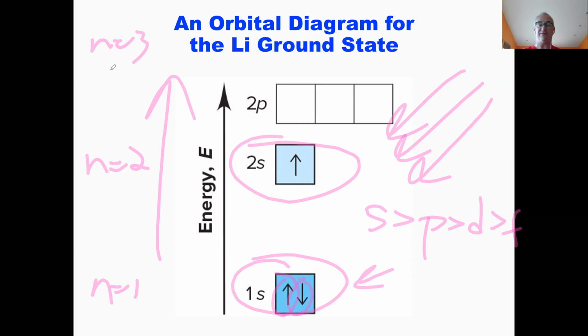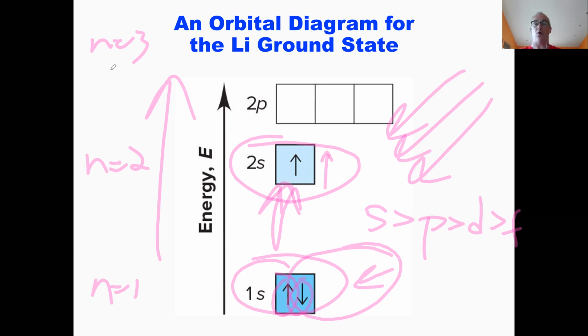Now this is completely filled, no more room for electrons. So the rule is, we go to the lowest energy level that isn't filled. What's the lowest energy level after that? 2s. And our 1 electron goes in, spin up.